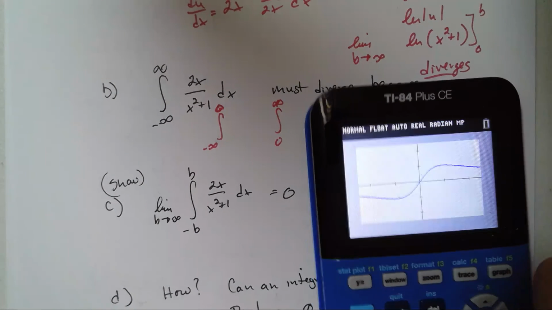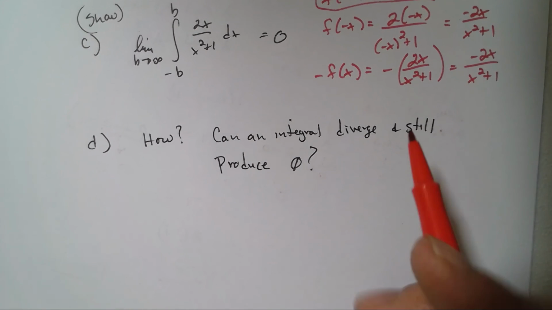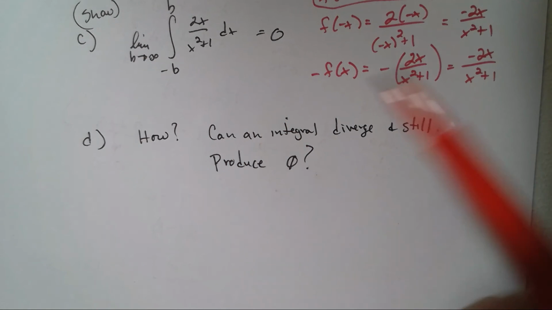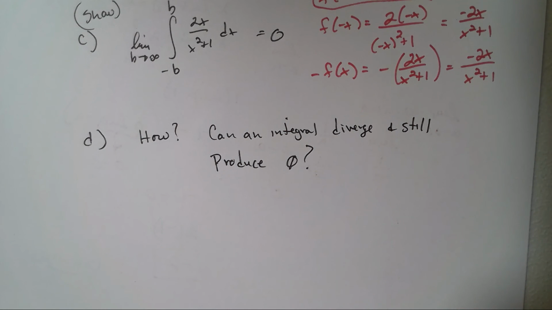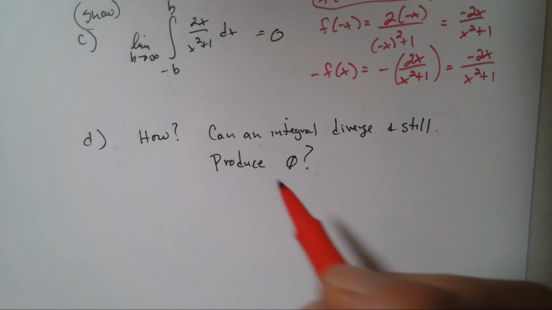So how can the integral diverge and still produce 0? Well, in order for the integral from negative infinity to converge, you'd have to have finite areas on both sides.